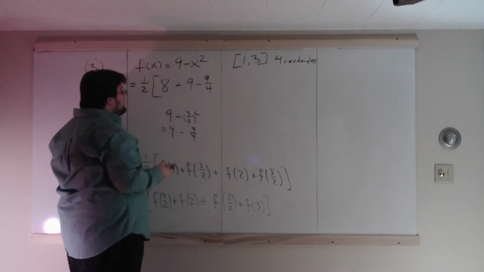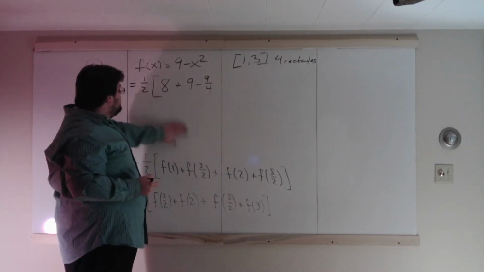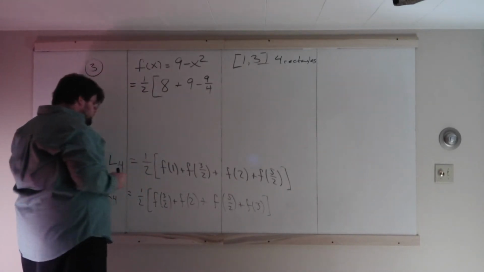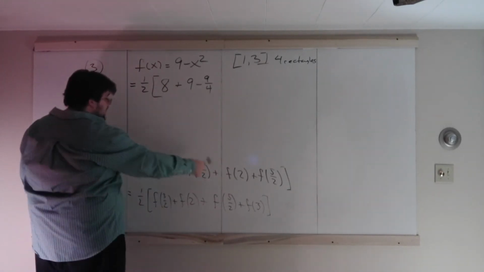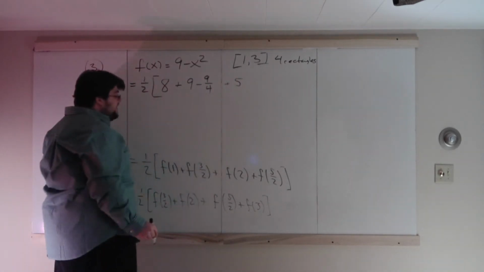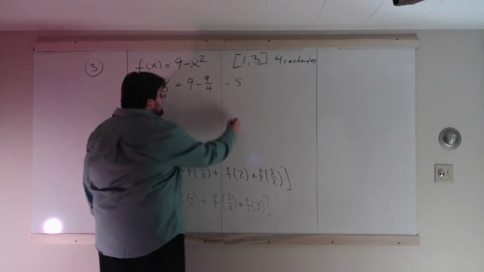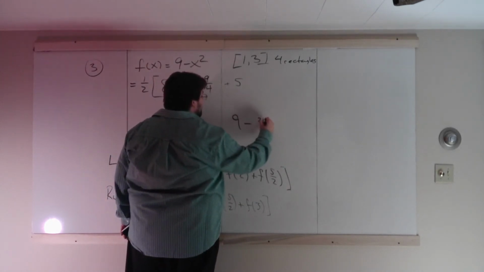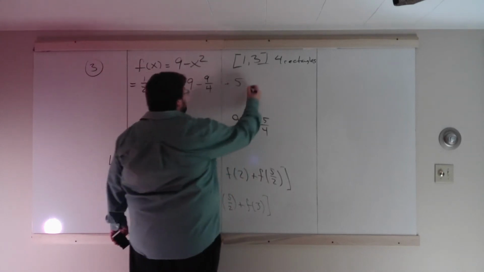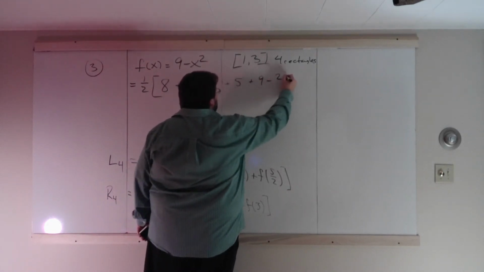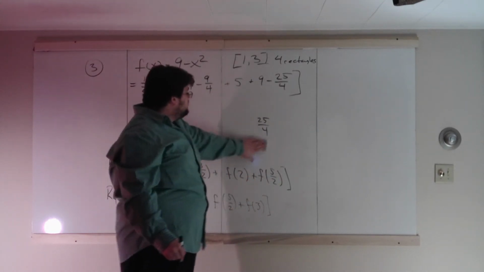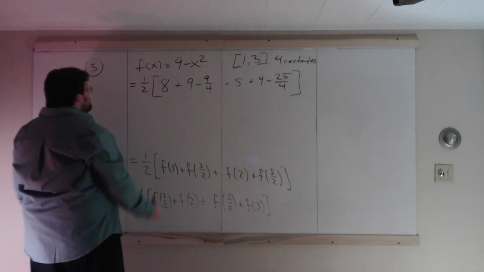You could write that as one number, but I'm just going to leave that like that. 9 and negative 9/4. You could make it 7 and negative 1/4 if you want. I'll leave it like that. F of 2, 9 minus 4 is 5. F of 5/2, 9 minus 5/2 squared is 9 minus 25/4, and I'm going to leave that like that. And we stop there because that told us to stop at f of 5/2.